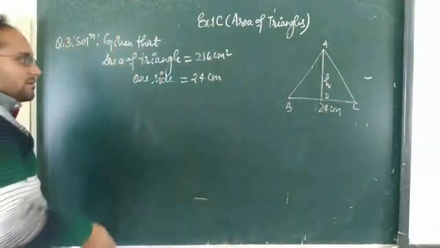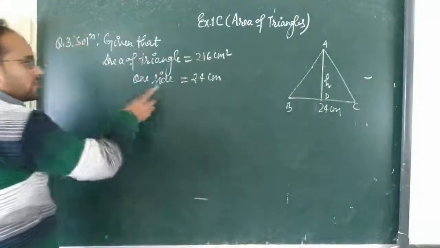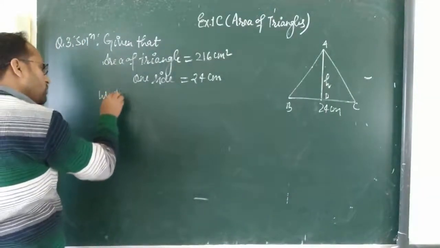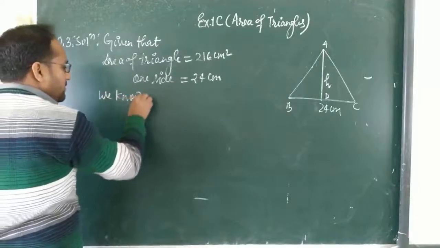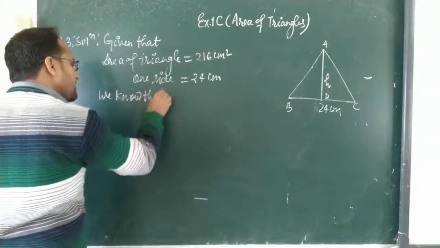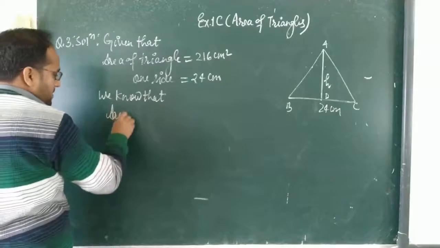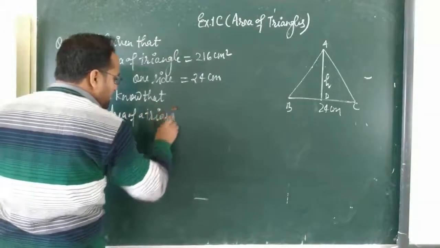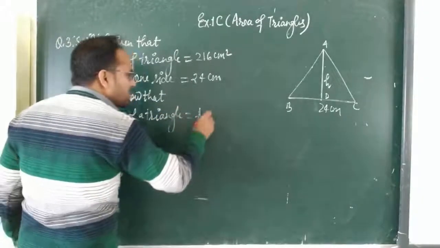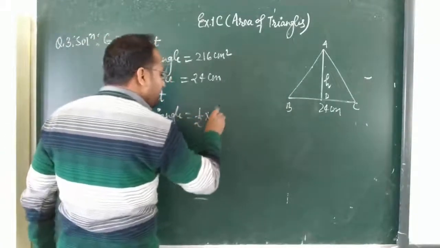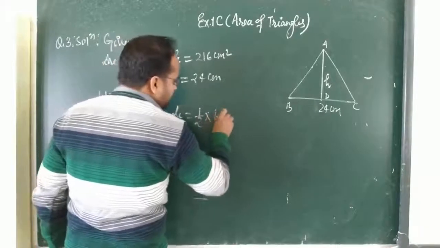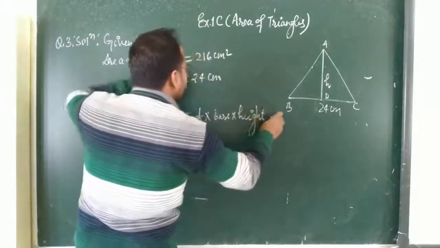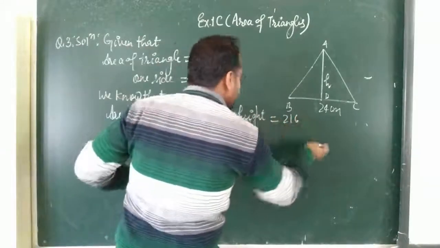Okay, so this is H. So we know that the area of a triangle is equal to 1 by 2 base multiplied by height, and this is given as 216 centimeter square, students.